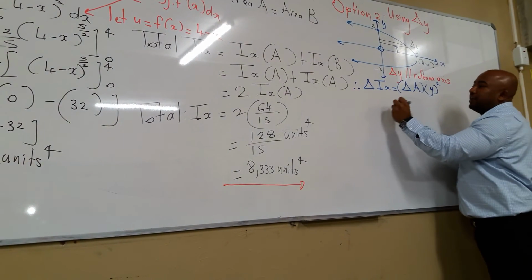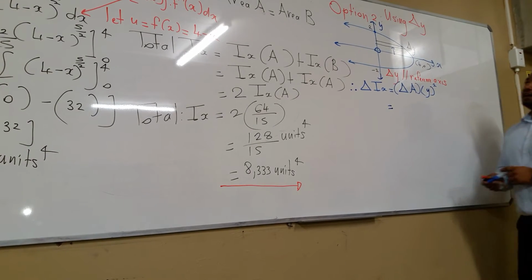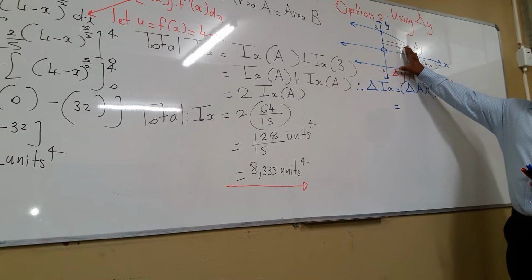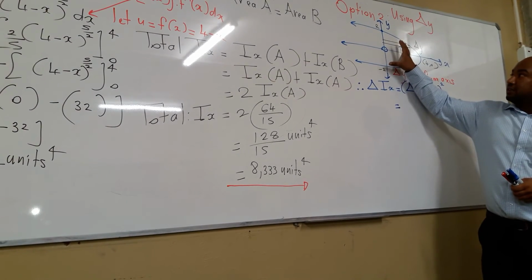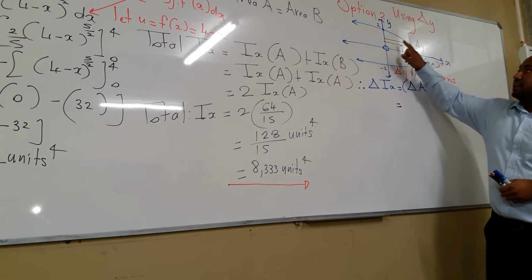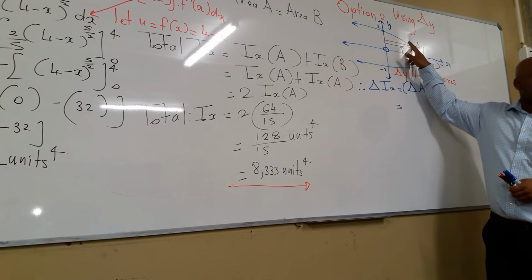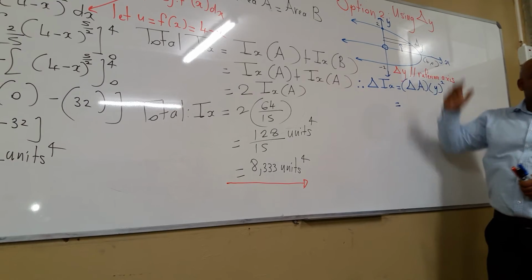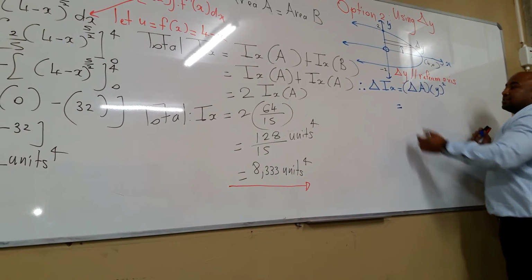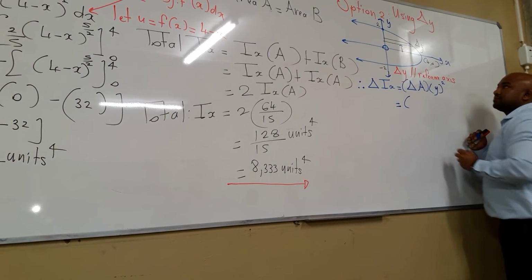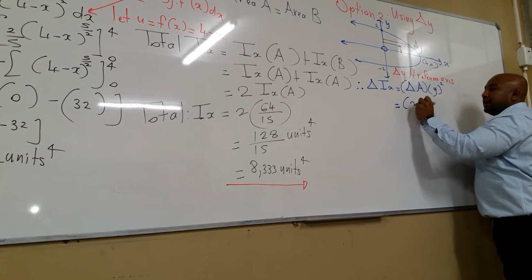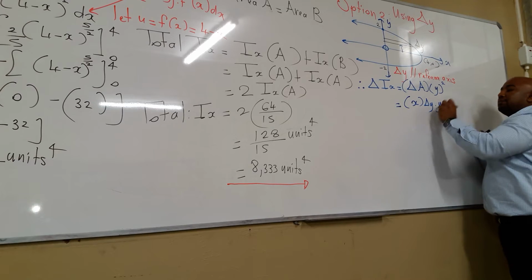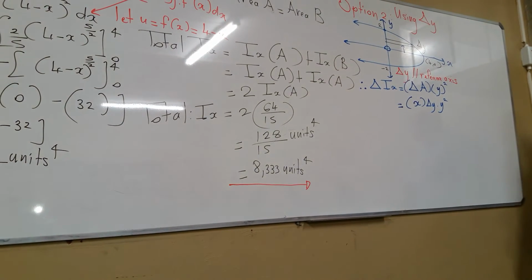What will the formula for area be now? Now we are not splitting it up into two. We are using the full area now. The length from here to here, what is the length of the rectangle? The distance from here to here is measured in terms of x. So that will be x times dy multiplied by y squared.